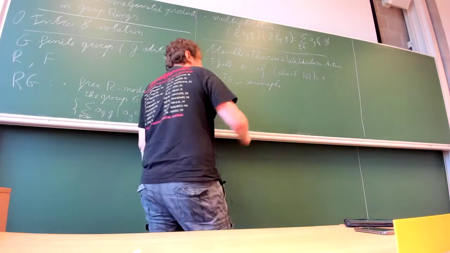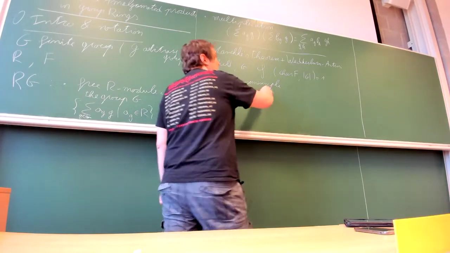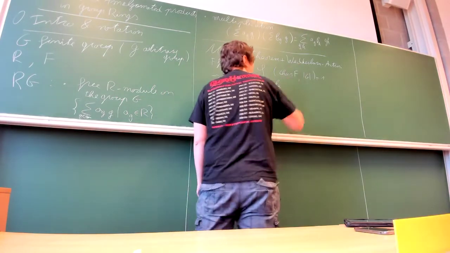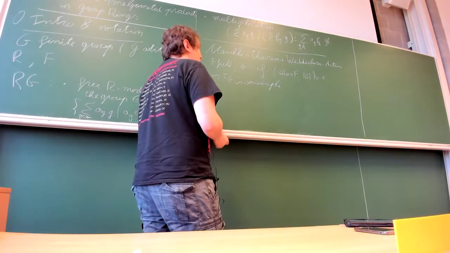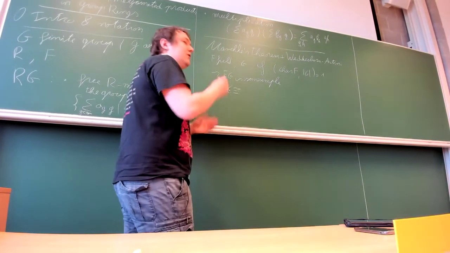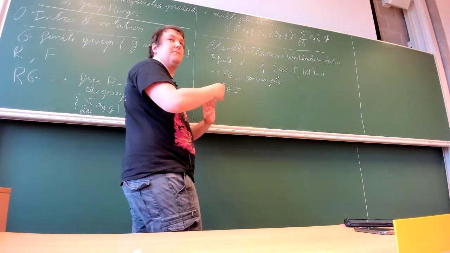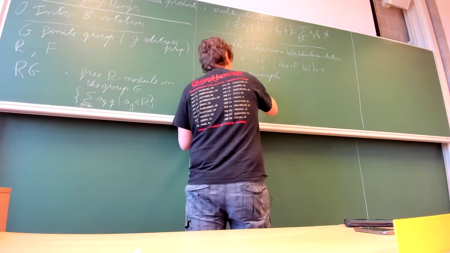Okay, semi-simple. I don't really require the definition of what semi-simple is, but basically, if you have a semi-simple algebra, then Wedderburn-Artin gives you some extra information on what this looks like. Namely, FG is isomorphic to a direct sum of matrix rings. Okay, so it's a very, very nice structure.